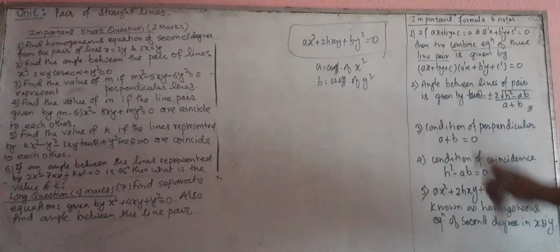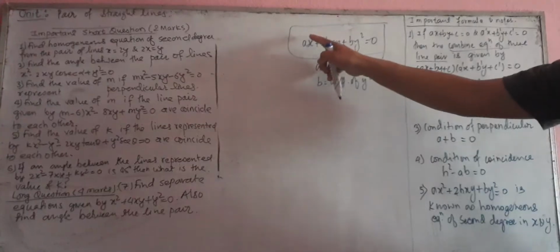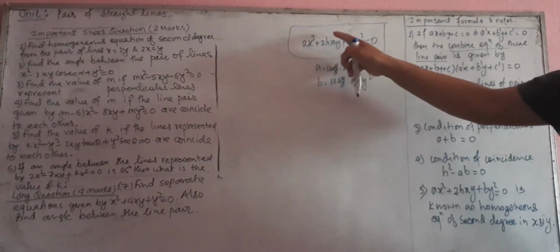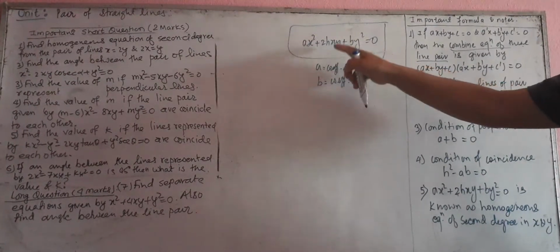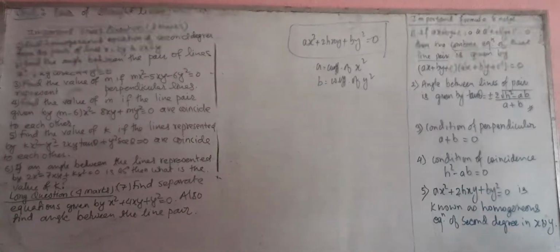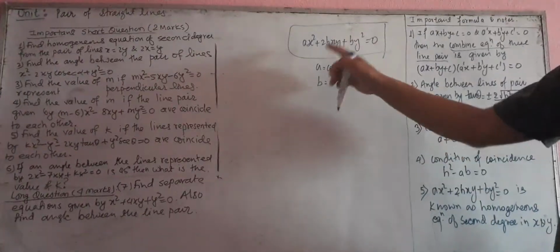This is the homogeneous equation where the first term has degree 2, the degree of the second term is also 1 plus 1, 2, and the degree of the third term is 2. So it is homogeneous in degree, and the variables are x and y.